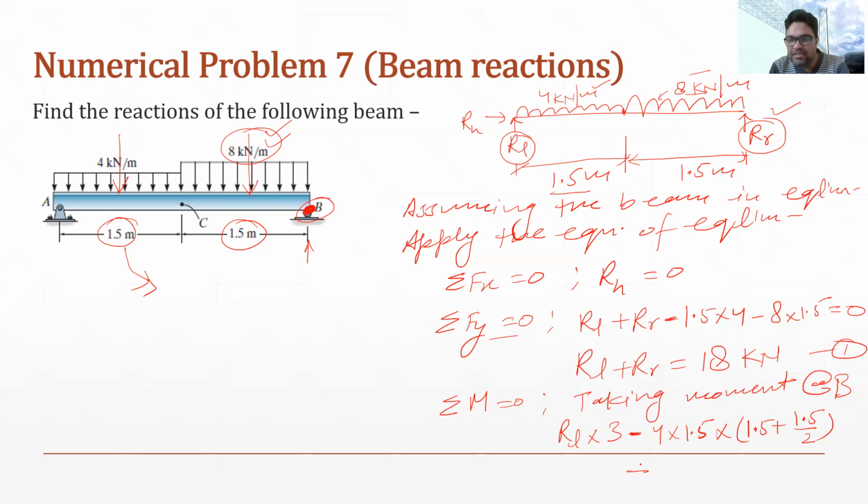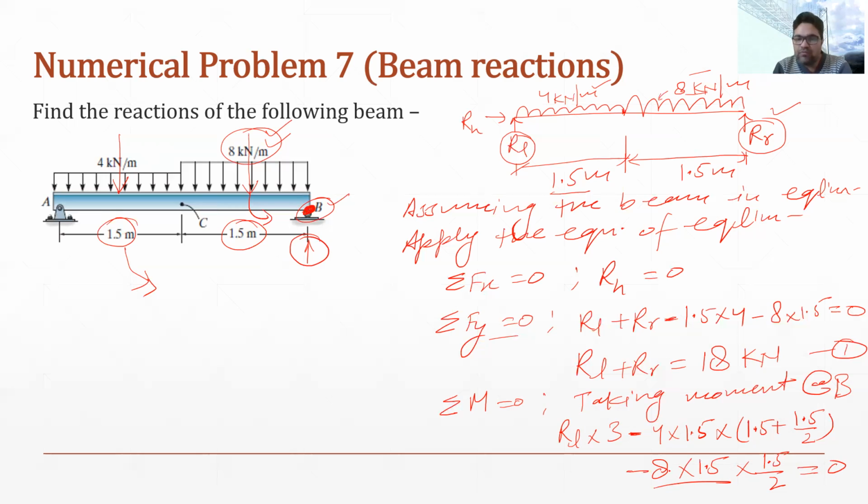Again it is anti-clockwise because it is rotating like this about point B. So this will become 8 into 1.5, that is the total UDL, multiplied by the perpendicular distance, 1.5 by 2. Now this is the total moment, so we will equate it to 0. The moment because of the reaction force RR will be 0 about point B.